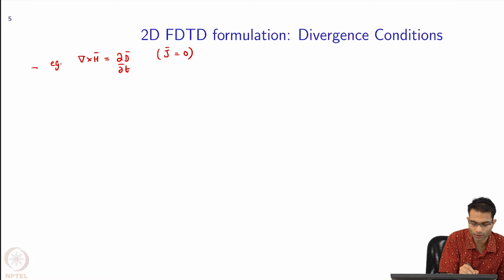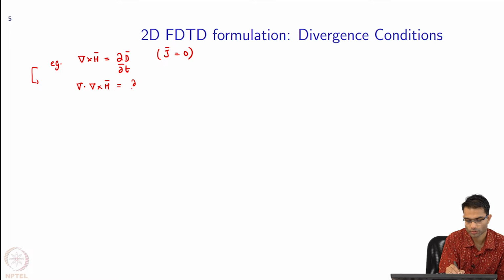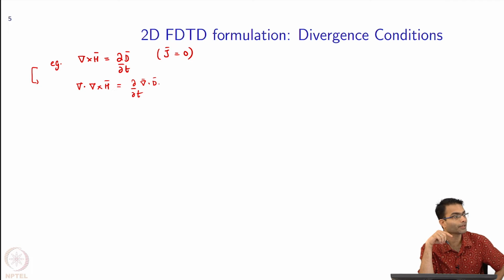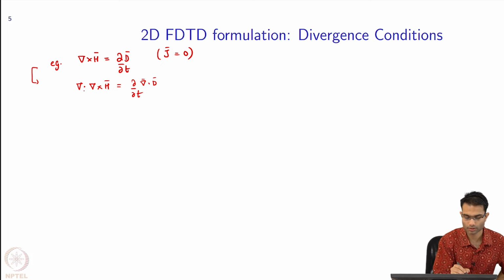So if I take a dot product on both sides, del dot del cross H, this would be equal to del dot dD by dt. What should the left hand side be? Left hand side is an identity in vector calculus, right? This is always 0, right?